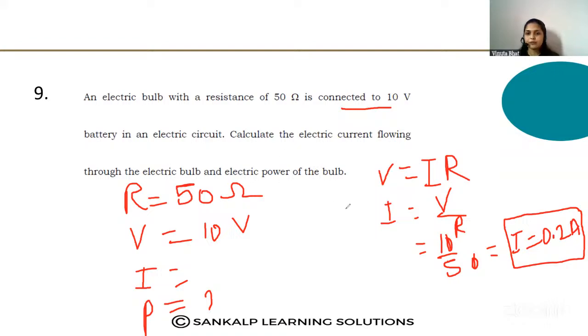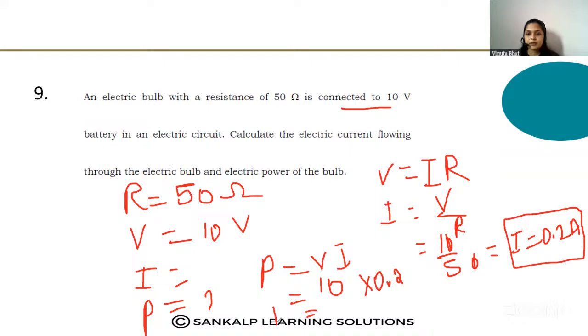Then you have to find out the power. What is the formula for power? P is equal to V into I. Here we know the value of V, and already we know the value of I. V is 10, and I is 0.2.